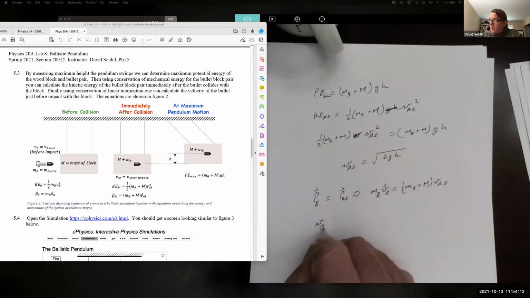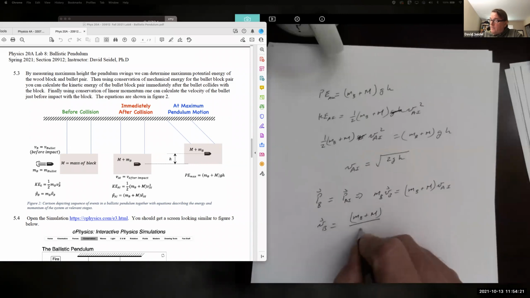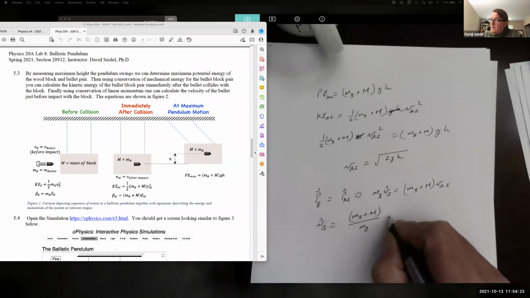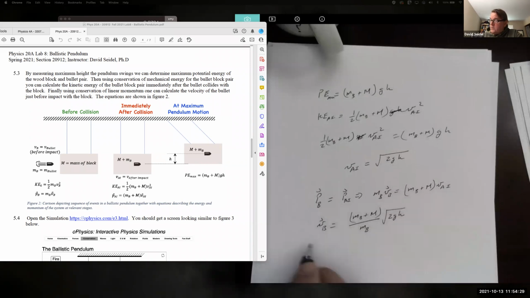So the velocity of the bullet is equal to mass of the bullet plus mass of the block, divided by mass of the bullet, times the square root of 2GH. We're determining the velocity of the bullet. So my measurements with error are mass of the block, mass of the bullet, mass of the block, mass of the bullet again, and 2GH. There's my other measurement where error can be.